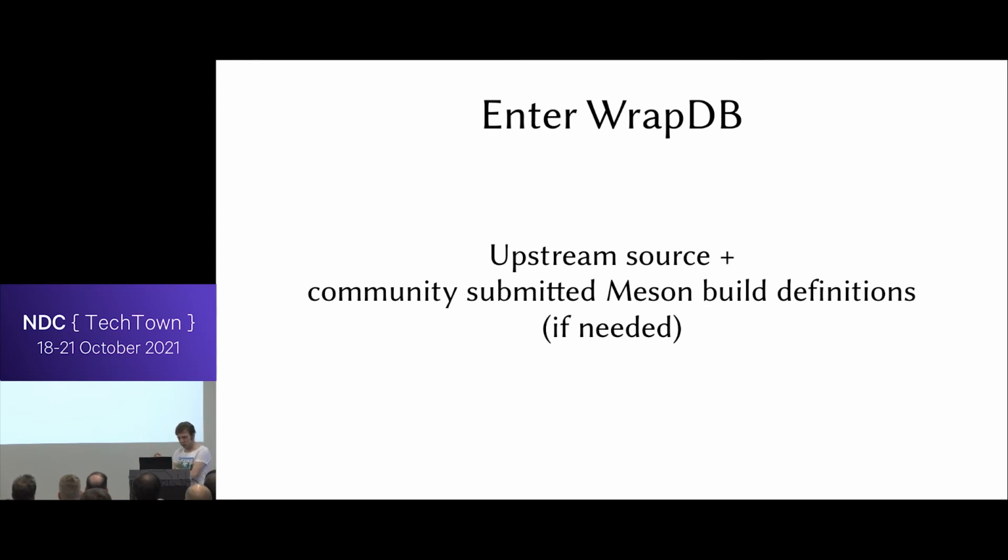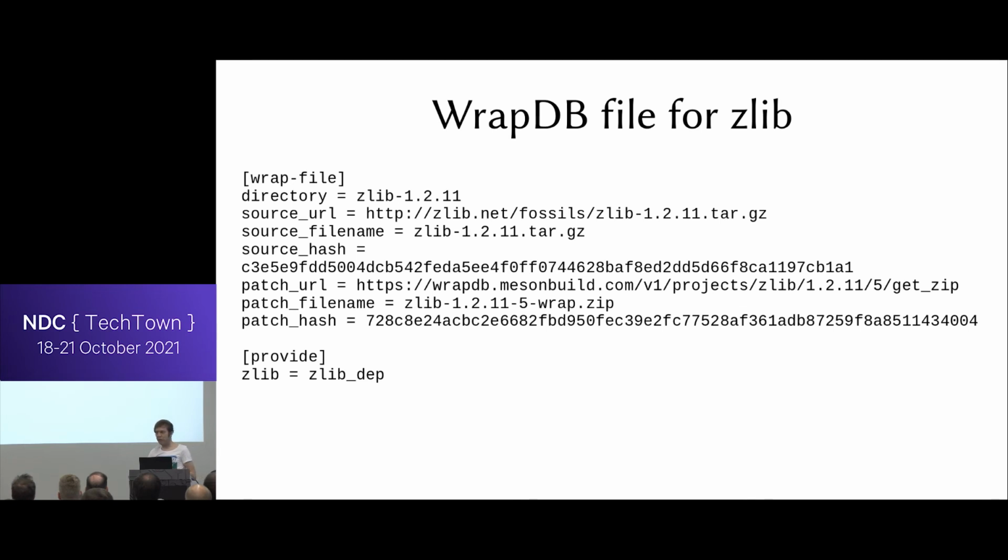And the thing is that then you get something like this. This is the wrapdb file for zlib. There's a bunch of things in here, but basically it says that here are the download URLs and all the checksums. And as you can tell, it's split in 2. There's the original upstream source, completely unmodified, and then there's the patch URL for the things that you add on top.